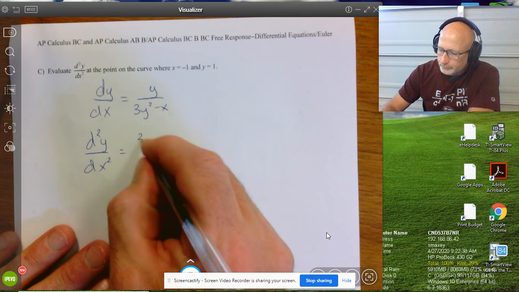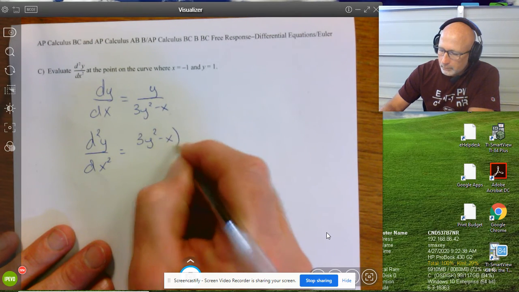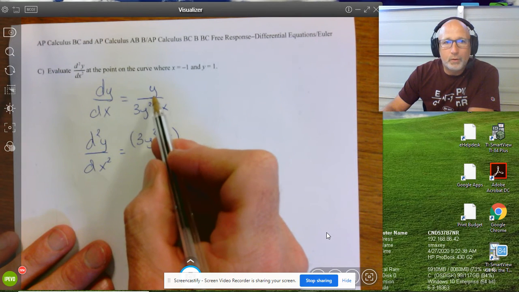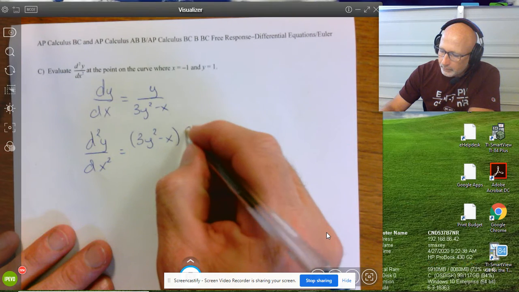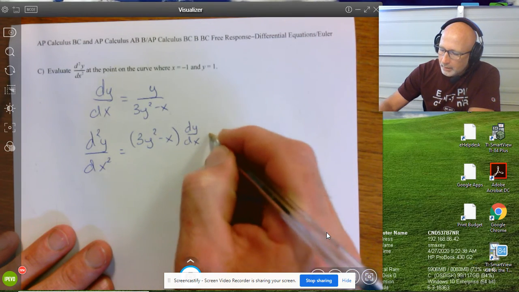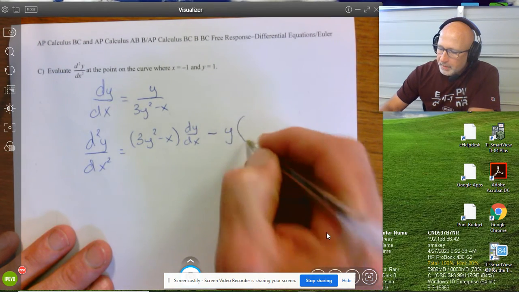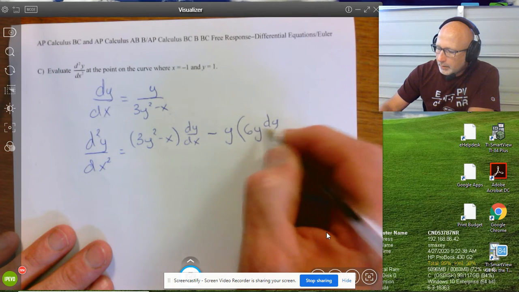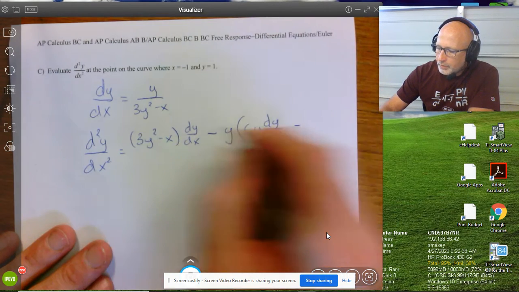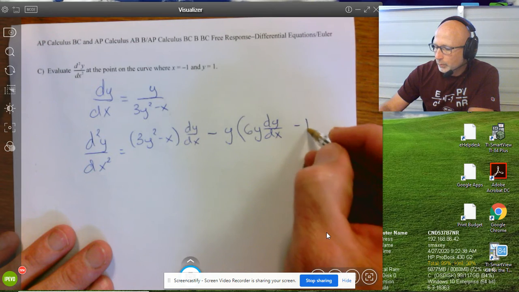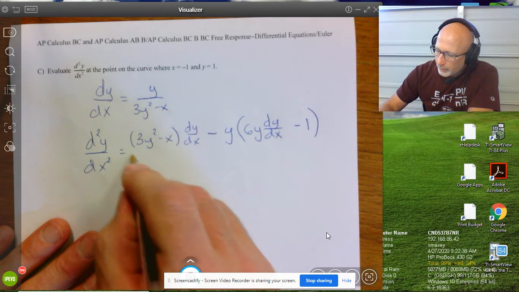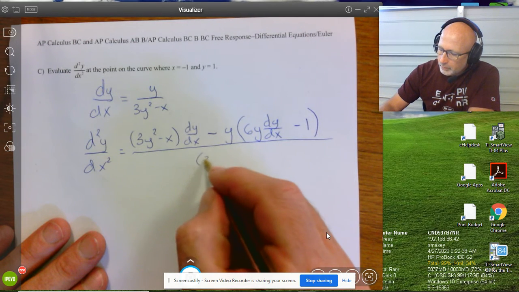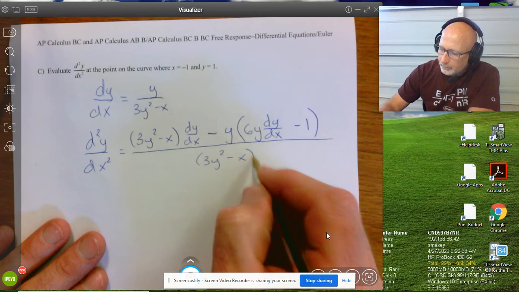So low d high, and I'm taking the derivative of y with respect to x, so that has to be dy/dx, minus high d low, so 6y dy/dx, and then the derivative of x with respect to x is just 1. All over low, so (3y squared minus x) squared.